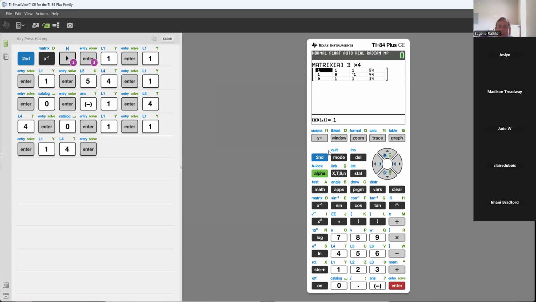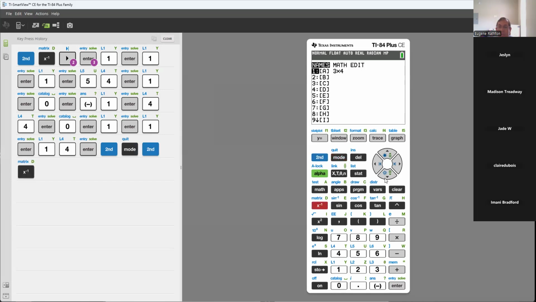All right, I think I'm good on this one. So second quit. I'm going to go get RREF by hitting second, x -1, arrow to math, and then arrow down to B. So there's A, B is RREF, enter. And then second, x -1, and enter for the matrix. All right, y'all.